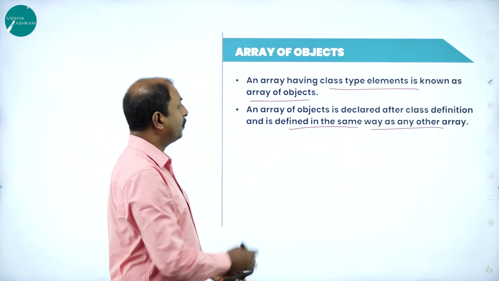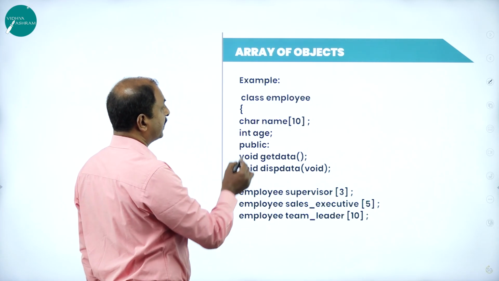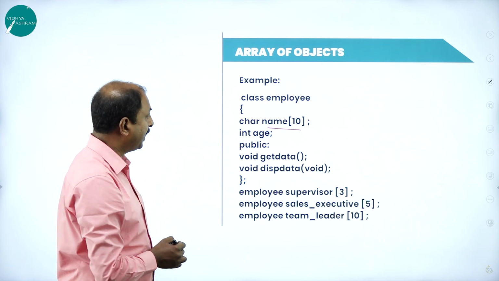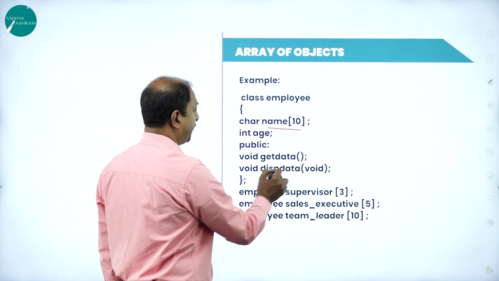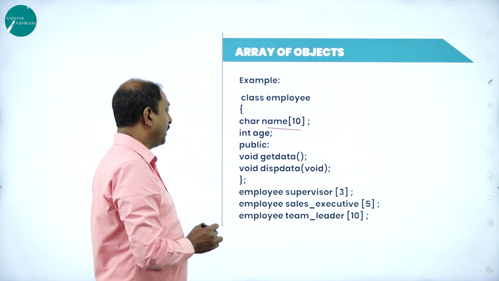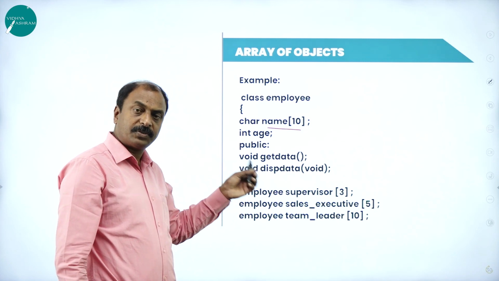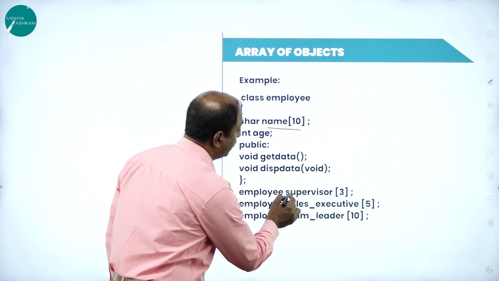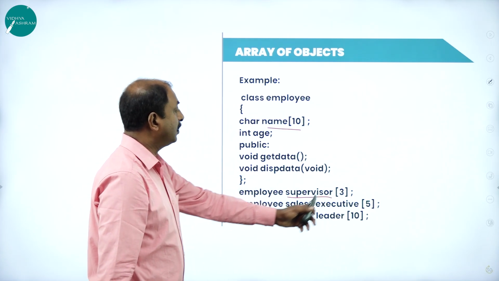Now look at the example. Class employee is the name of the class. Character name, here we have an array as a data member of the class, and other variables and member functions get data and display data. Then we are closing the class. Now following the same syntax you have seen in the previous slides, this is employee supervisor[3]. Please concentrate here.